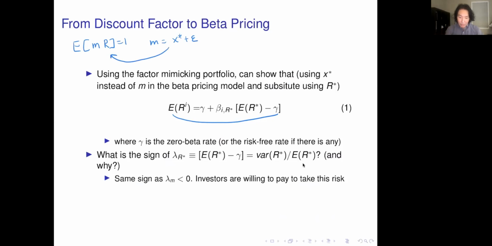Now, this is gamma of R star. R star is some factor mimicking portfolio for the stochastic discount factor. So R star is given as like this. And more precisely, it is going to be like that. And the sign is, again, a negative number.